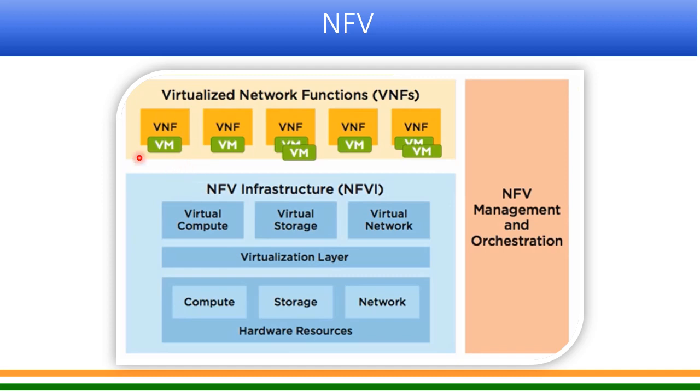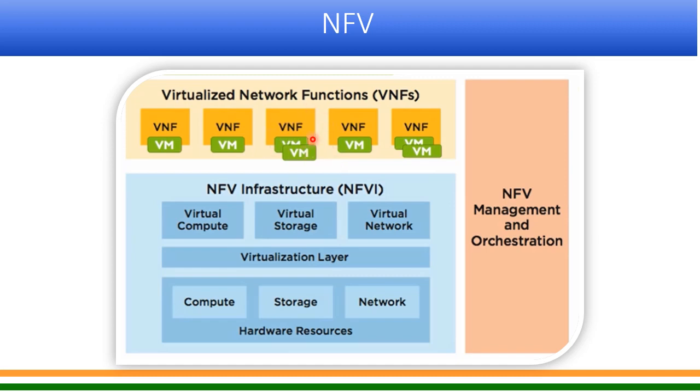For every virtual machine you can allocate certain compute, certain storage and certain network. Onto these virtual machines you can deploy your network function as software, and it is called a VNF, virtual network function. The network function becomes a virtual network function because it is being deployed on a virtualized infrastructure. There may be a case wherein one virtual network function is deployed on more than one virtual machine, VM1 and VM2.